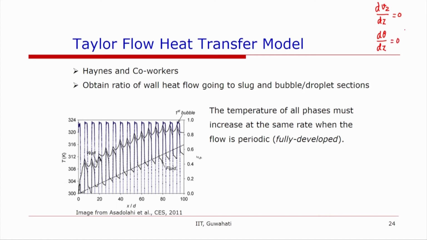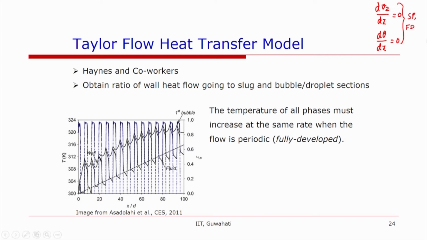My apologies, because I keep exchanging this between x and z. Probably you understand that whenever I use these, most of the time it is referring to the axial coordinate. Sometimes I call it x and sometimes I call it z. So, this is true for single phase fully developed flow.